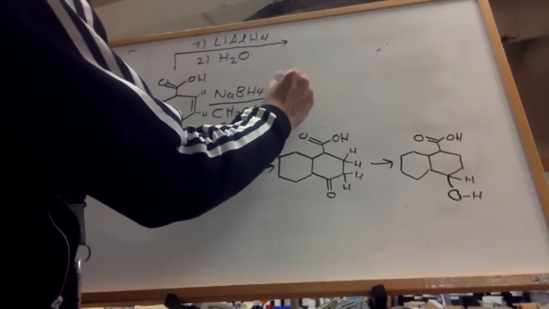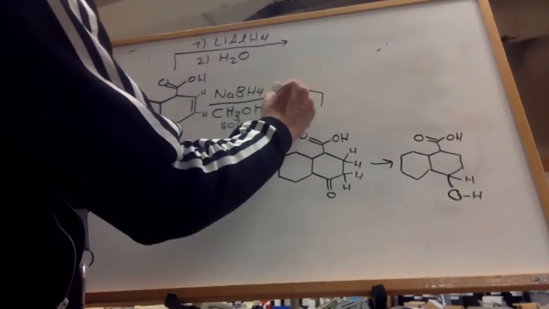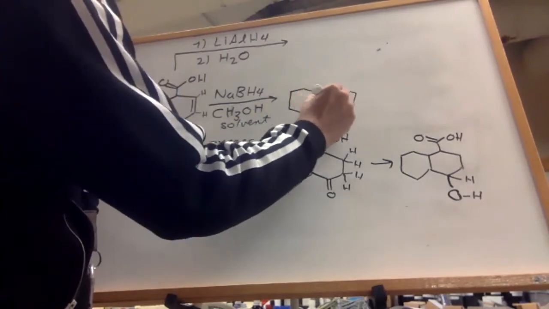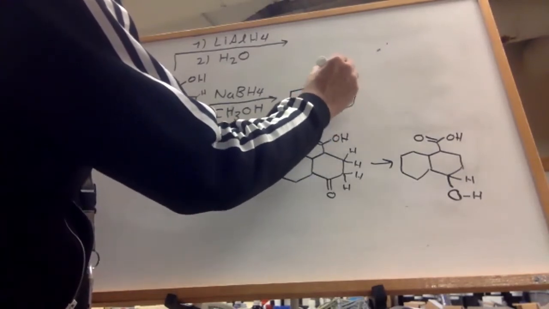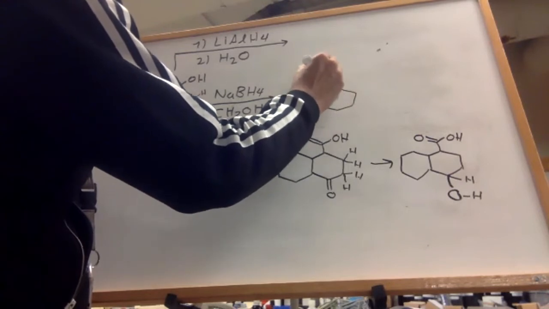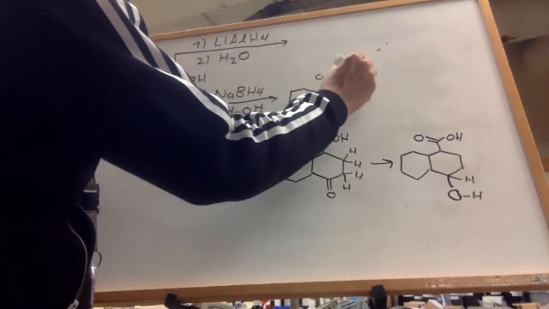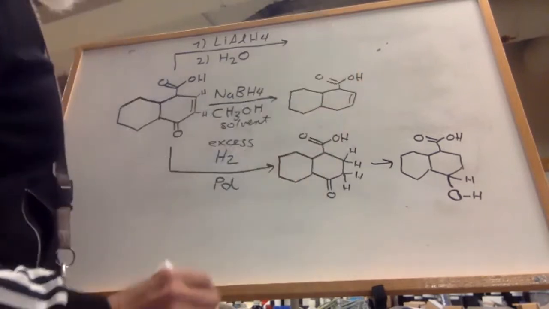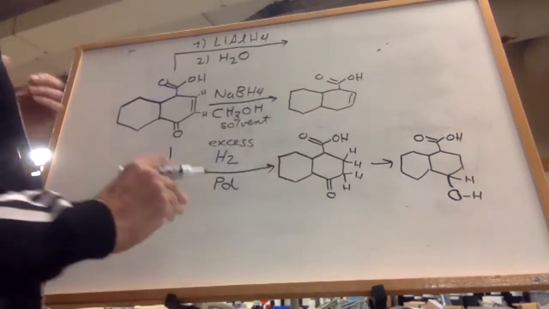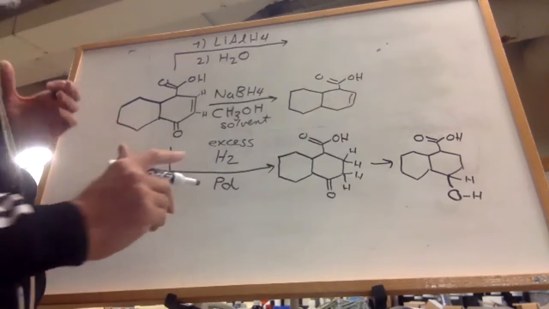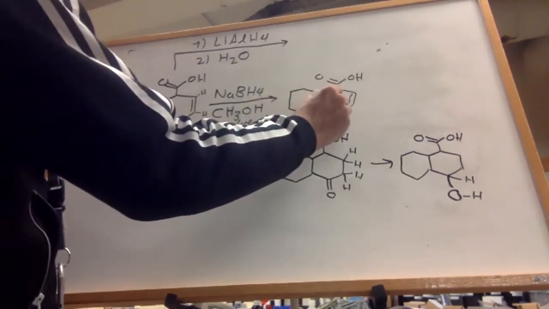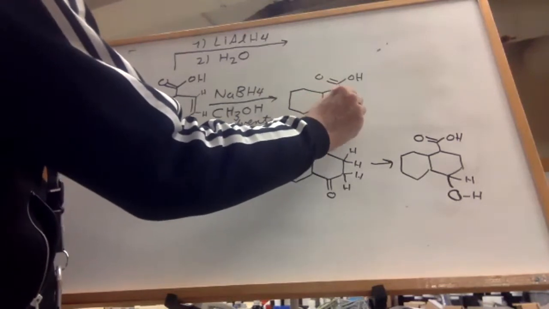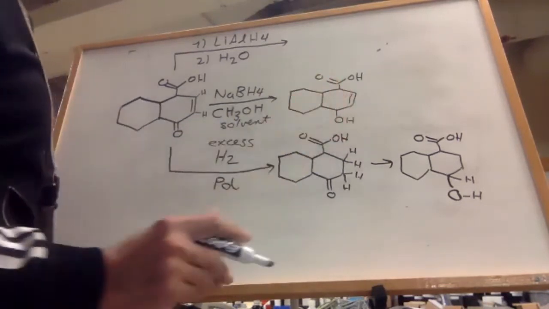So what we are going to get here is nothing happens to the carboxylic acid. So that just stays the same. Nothing happens to the alkene. So that just gets carried over. But the ketone is reduced to an alcohol.